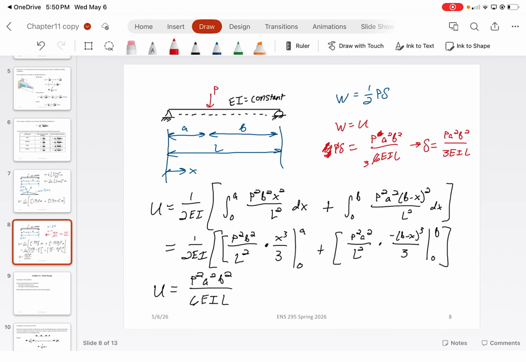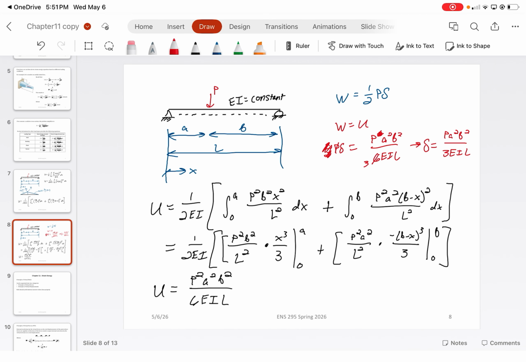Do you guys like this better than double integration or no? You think this is better? There's just one limitation to it. The fact that it can't always give you the maximum deflection. It'll only give you the deflection at the point you're interested in.